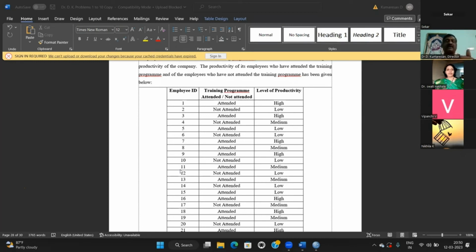Suppose you have collected the data as scale data, then you have to go for one-way ANOVA. That's all. So this is about the Kruskal-Wallis test, Mann-Whitney U test, Wilcoxon test, Friedman test, and chi-square test.